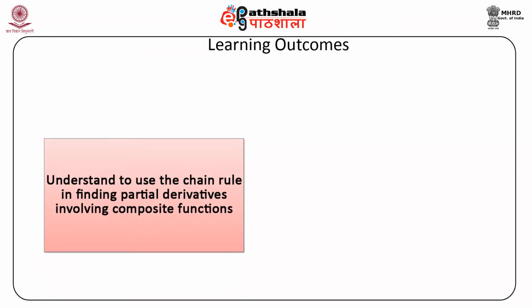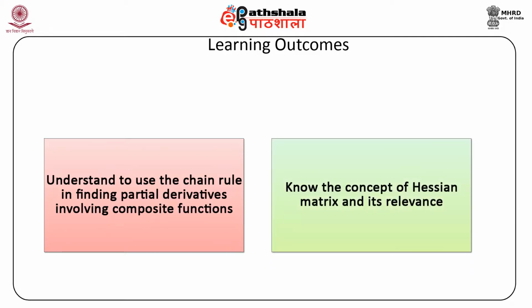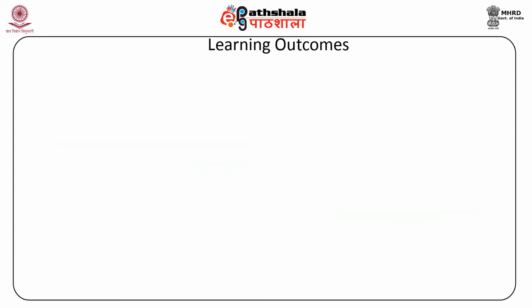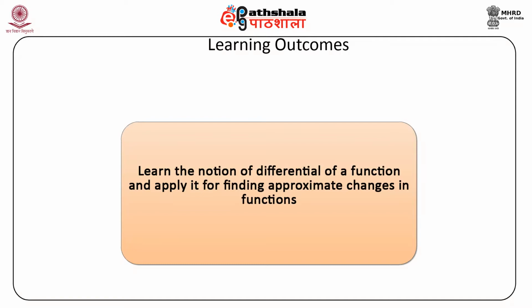Understand how to use the chain rule in finding partial derivatives involving composite functions. Know the concept of Hessian matrix and its relevance. Learn the notion of differential of a function and apply it for finding approximate changes in functions.